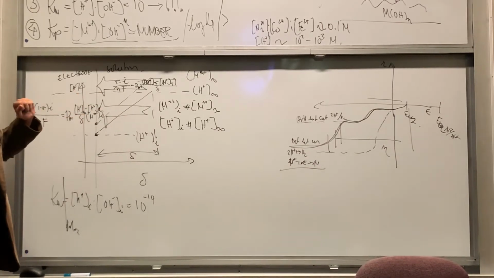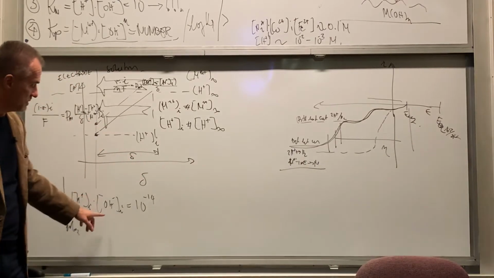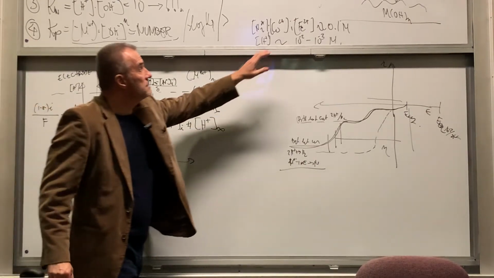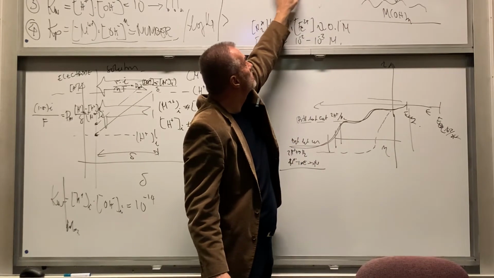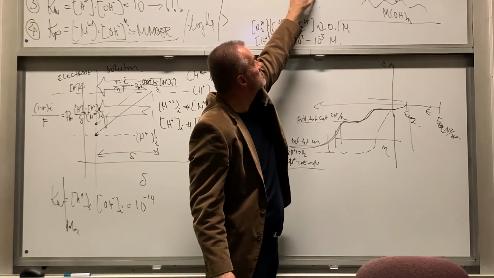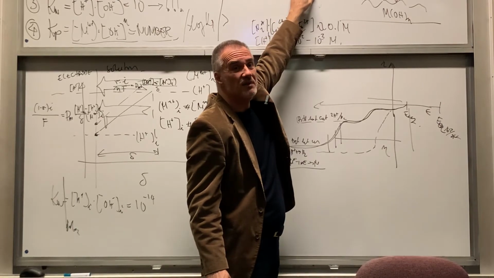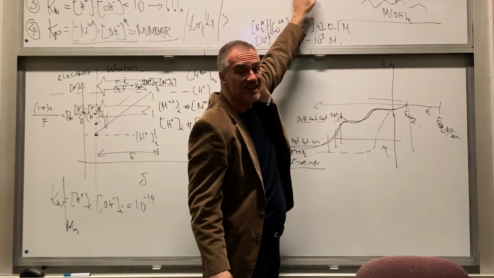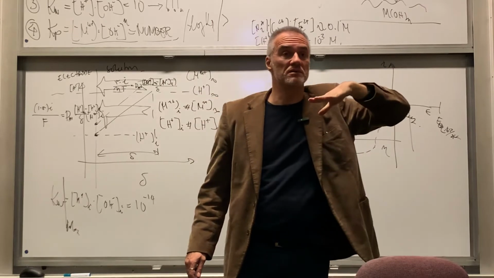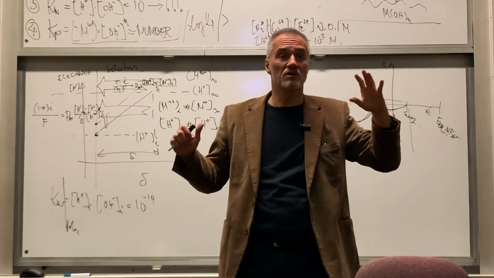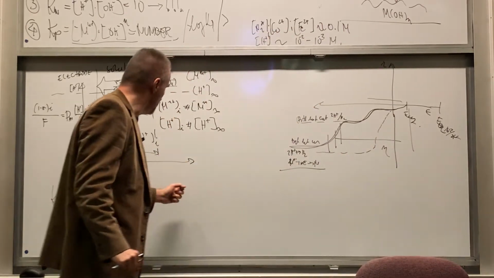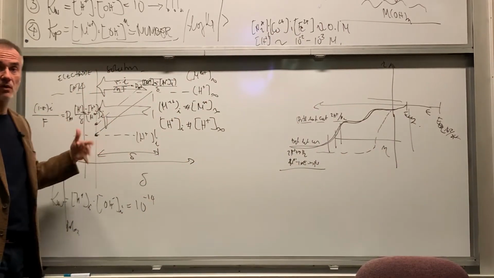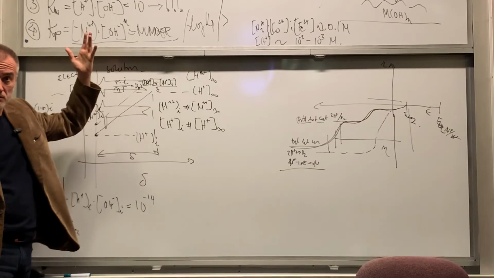Why is that bad? Because if, let's say, OH- is 0.1 molar, and the solubility product is 10 to the minus 34, that means the concentration of iron 3+ has to be 10 to the minus 30, and you're going to start seeing precipitation. 10 to the minus 30, you cannot even imagine how small a number that is. Because you depleted so much hydrogen at the interface, locally the pH is super high.